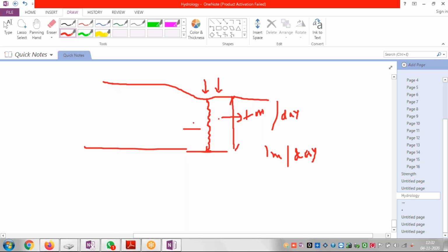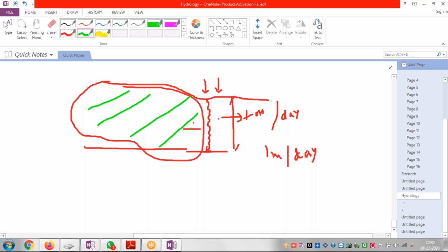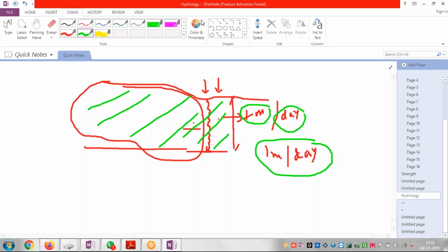Suppose this is the soil available here. In this area, water enters at 1 meter depth in 1 day. So the infiltration capacity is 1 meter per day, right?